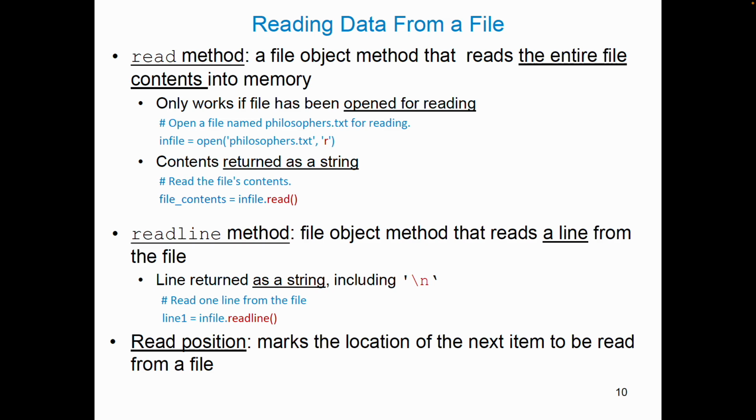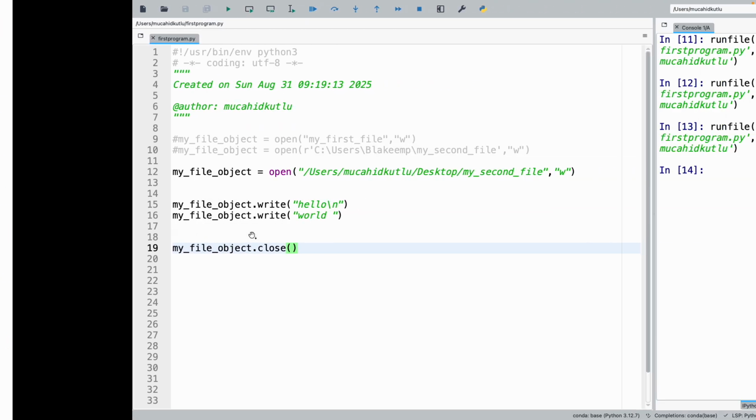The read function basically copies all the data in that file and returns it as a string, so it reads all file contents. Or there is the readLine method, which reads only one line from the document. If you call it, you need to call it multiple times to be able to read all the data in that file. So let's also do this as an exercise here.